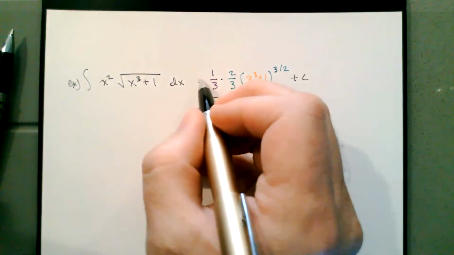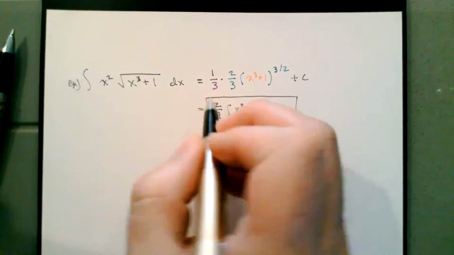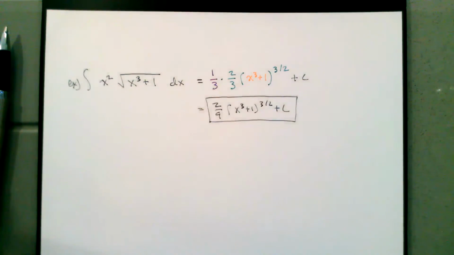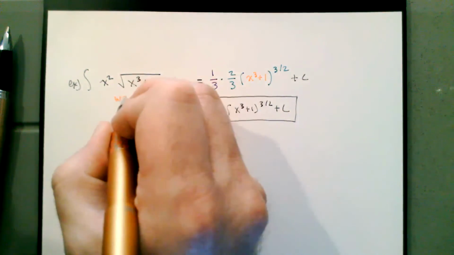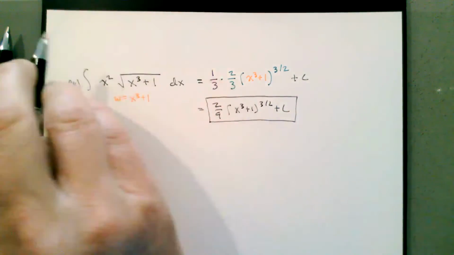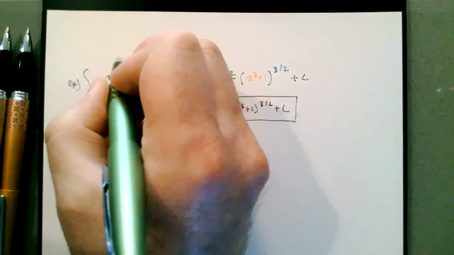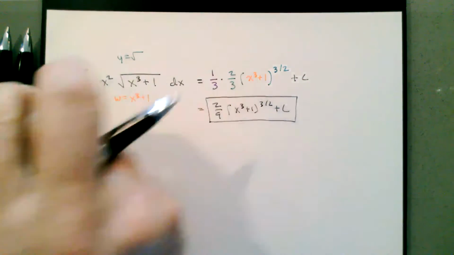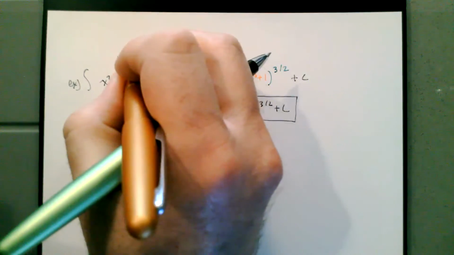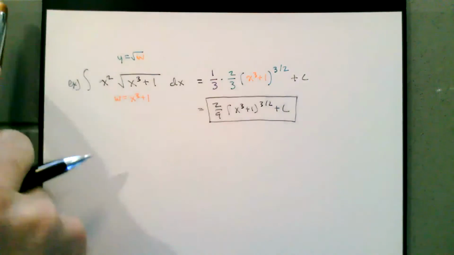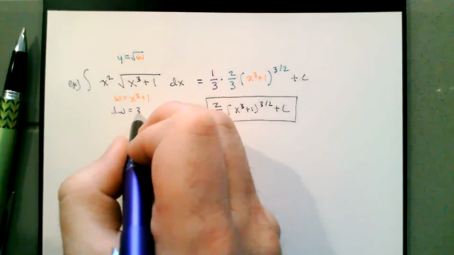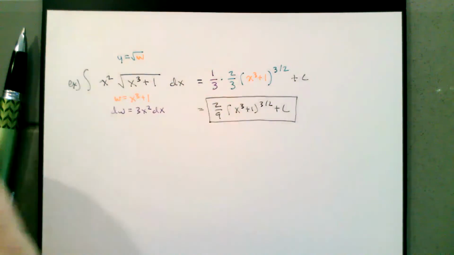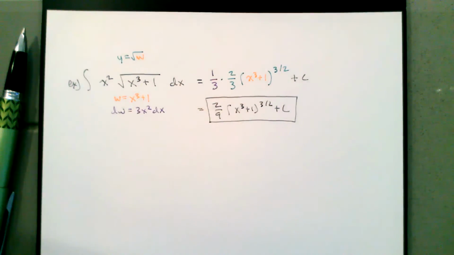That is what we're aiming for. That is probably not where it's going to start. But the part where we're thinking, where we write down w is x cubed plus 1, so that y is the square root of w, and the dw is 3x squared times x. We want to see where that 1/3 came from.